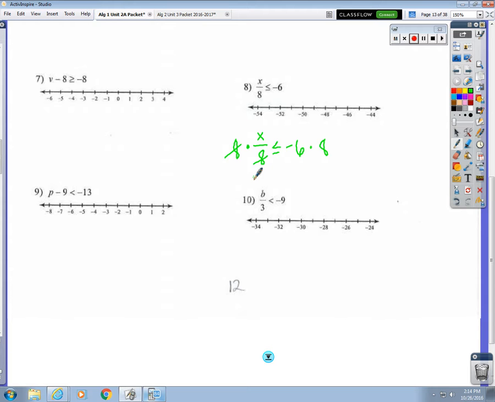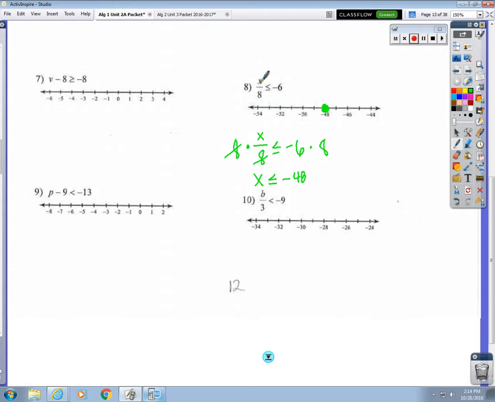And is there a need to write the 1 beside the x? No. And then on the right side, it becomes what? Negative 48. Okay, so now I circle where the negative 48 is on the number line. Is it opened or closed? Closed, because you have the equal to bar. So that means one of the solutions is negative 48.